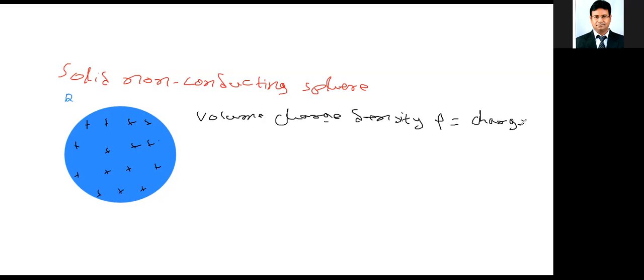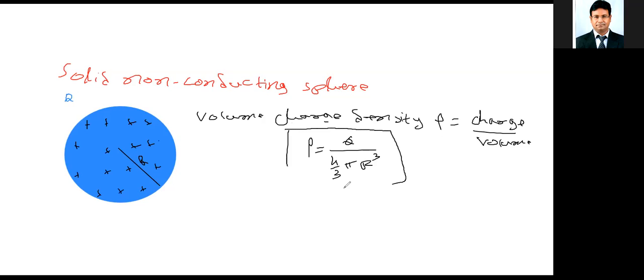So rho will be simply equal to Q by 4 by 3 pi r cube, because r is the radius of the sphere. Let's assume the radius of the sphere is r. That is the volume charge density, and I'm assuming that to be constant.